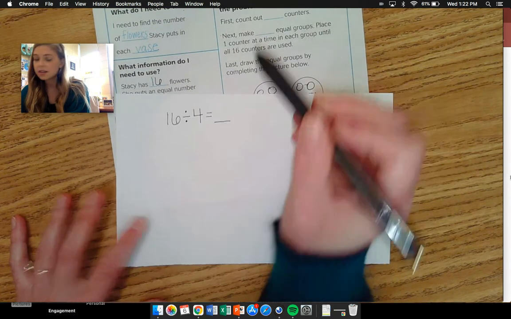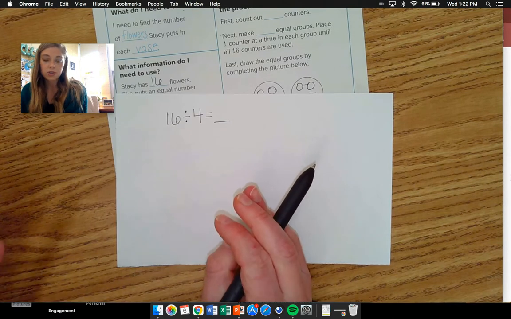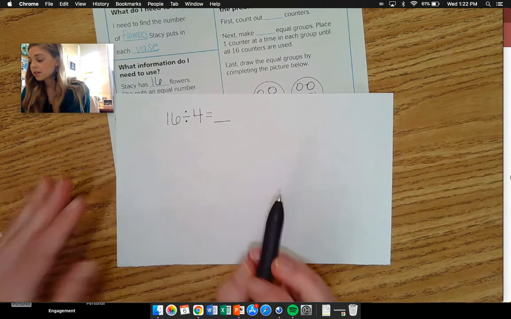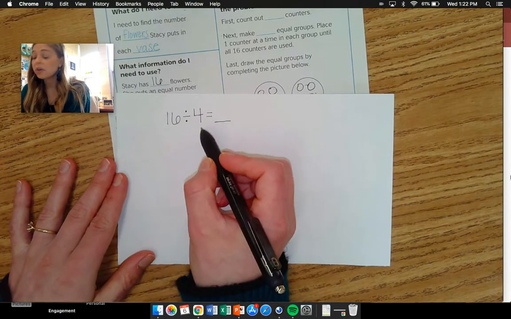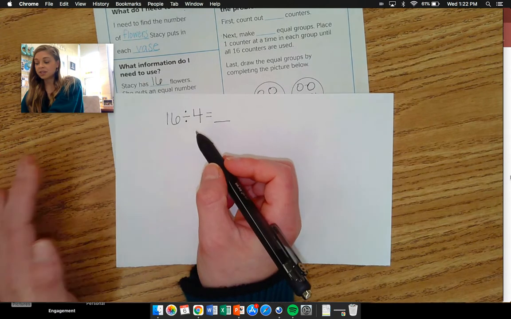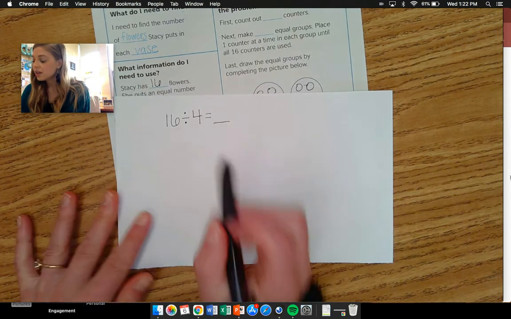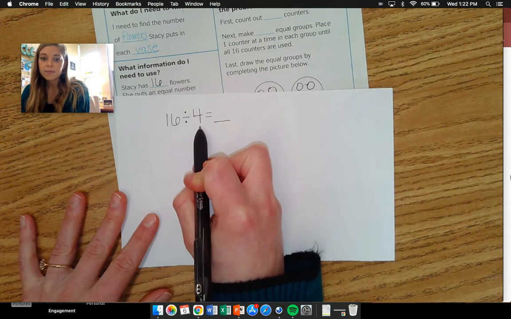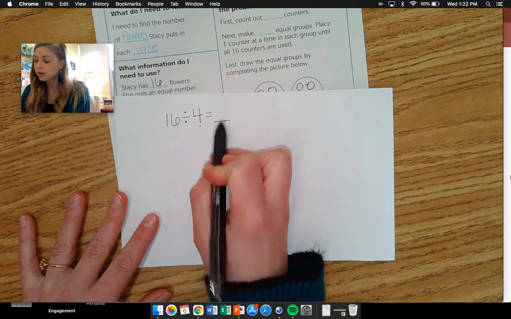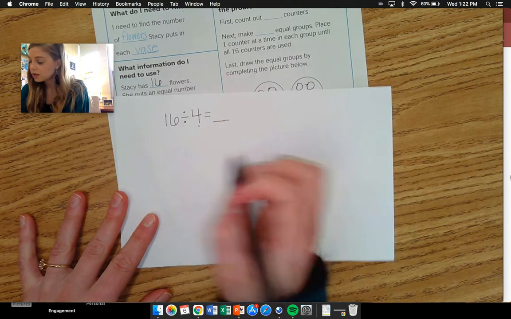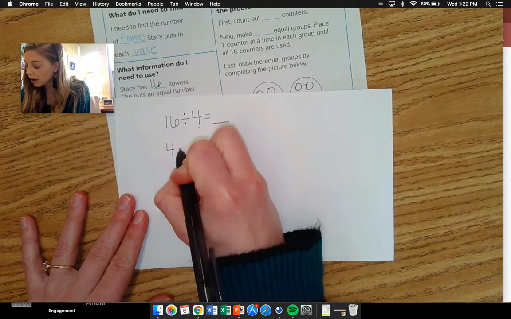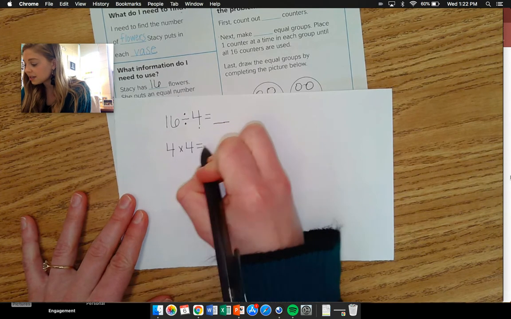But for the sake of showing you a different strategy, you're going to know, if you didn't know this yet, that division is just backwards multiplication. So this number 4 times this number would equal 16. So what times 4 equals 16?